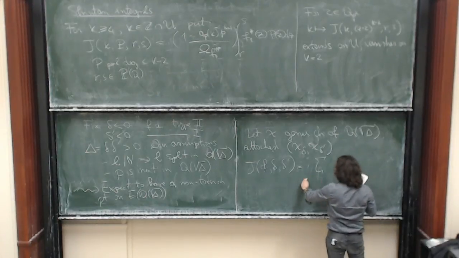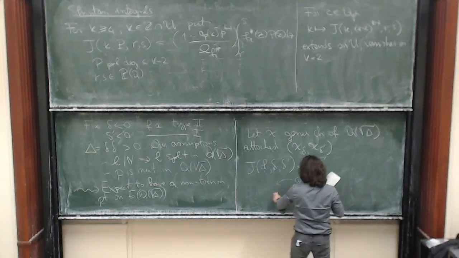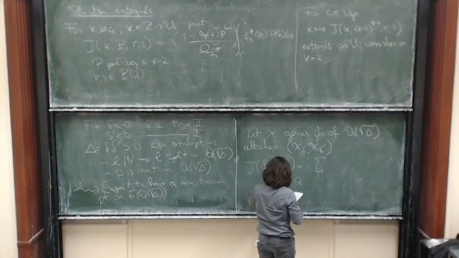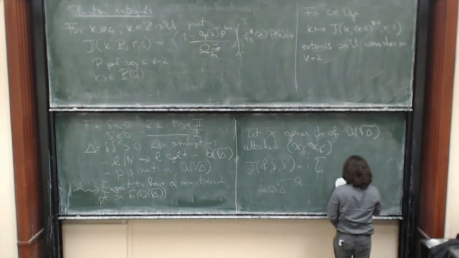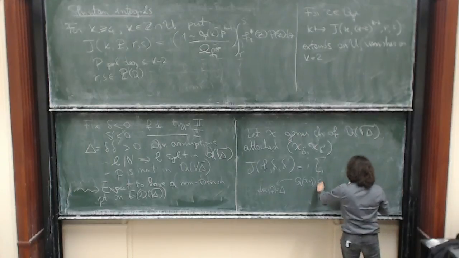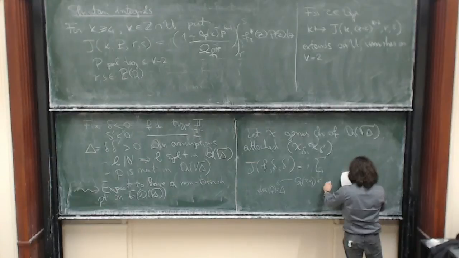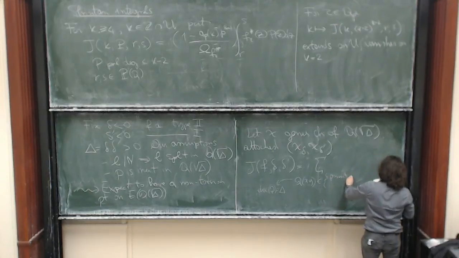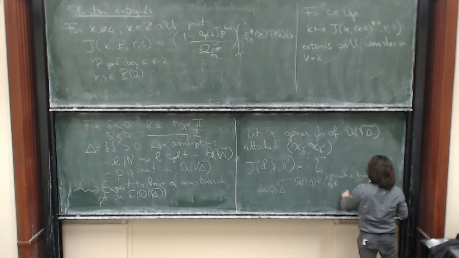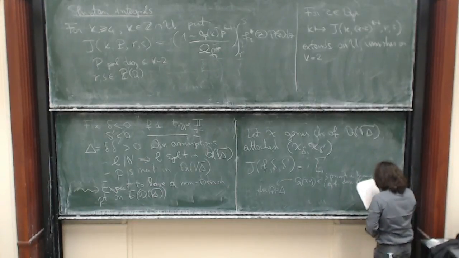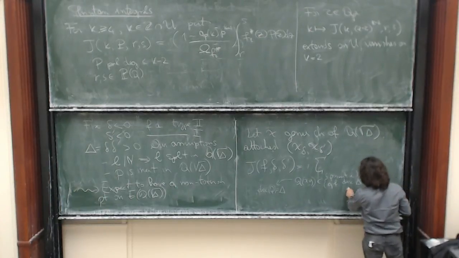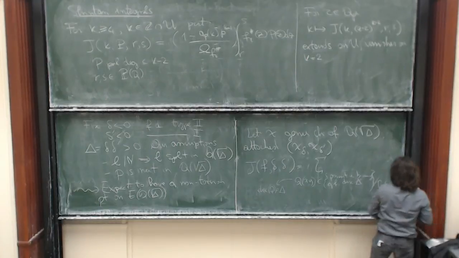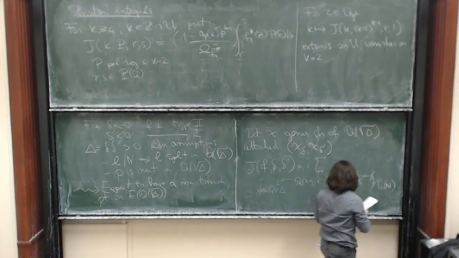I will consider the sum over all primitive integral binary quadratic forms of discriminant delta, so the isomorphism classes of primitive binary quadratic forms of discriminant delta, modulo some congruence conditions which I'm not going to write, modulo the action of gamma 0 of m n.